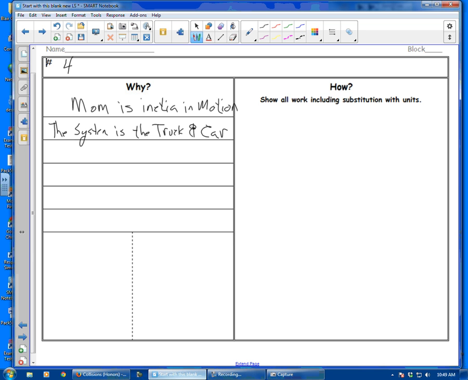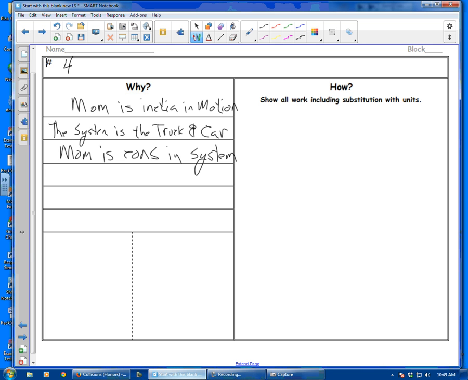And that's important because we know momentum is conserved in the system. Right? Do I need diagrams for this one? Yes. I have a system, and I have a before, and I have an after.